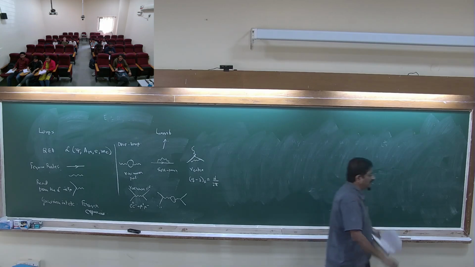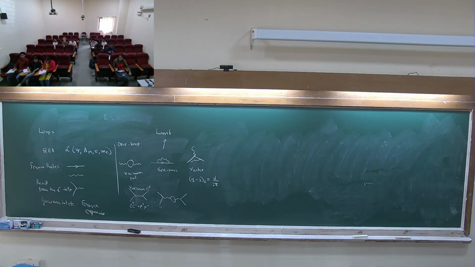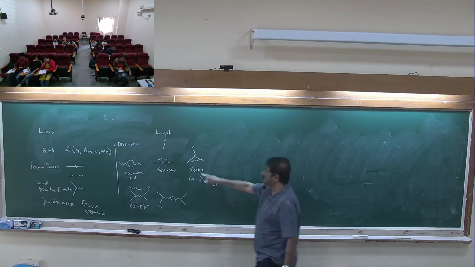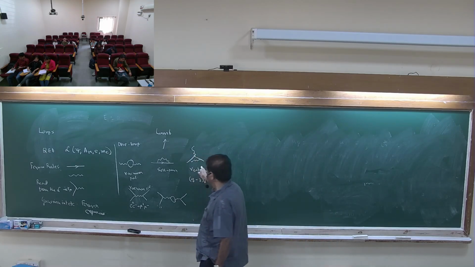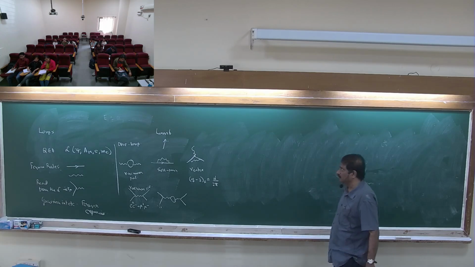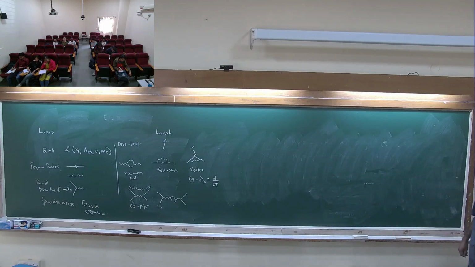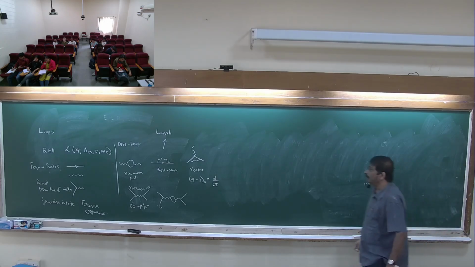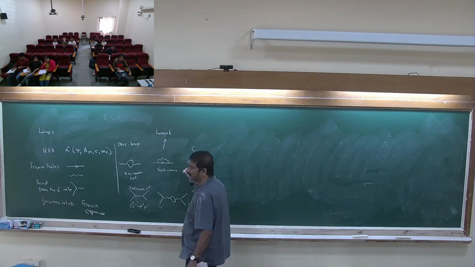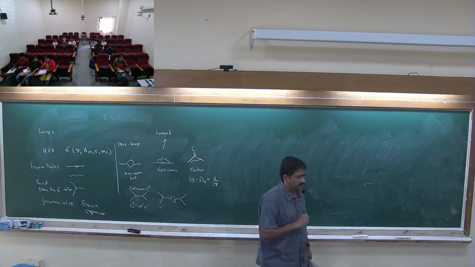Lamb is not the animal, but it's the person who discovered this in spectroscopic experiments, Willis Lamb. So his Nobel Prize was shared with the guy who measured this g-2 of the electron, Polykarp Kusch. So those are the two guys who shared the Nobel Prize for checking fundamental predictions of QED in experimental systems.